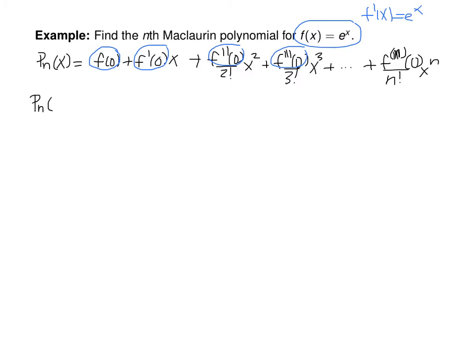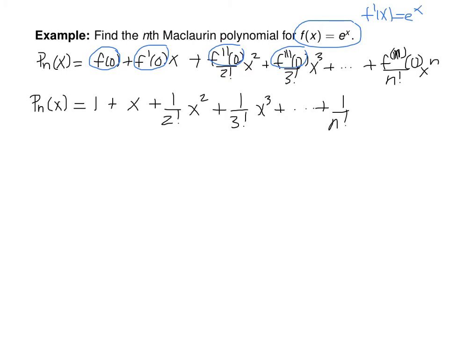So my p sub n function of x is equal to 1 plus x plus 1 over 2 factorial x squared plus 1 over 3 factorial x cubed up to 1 over n factorial x to the n.